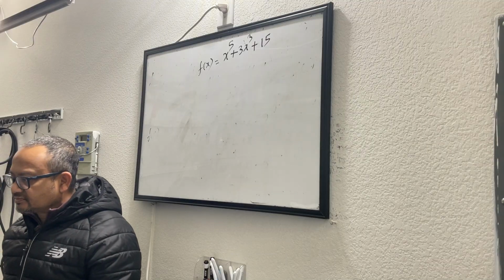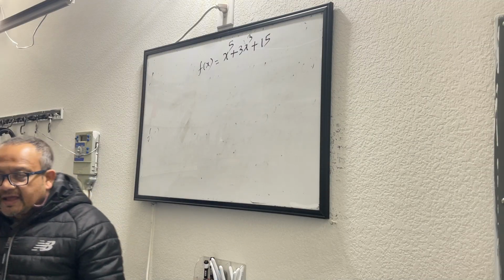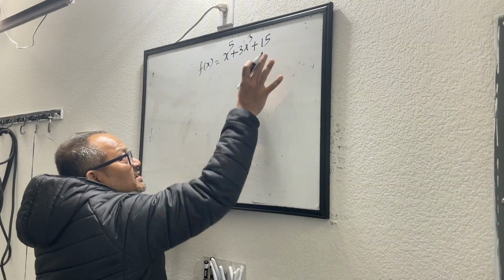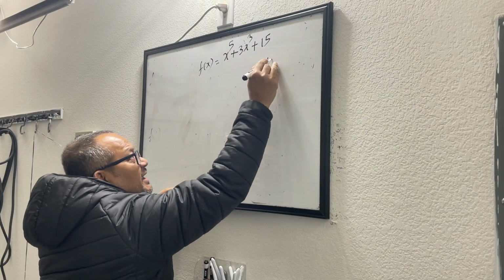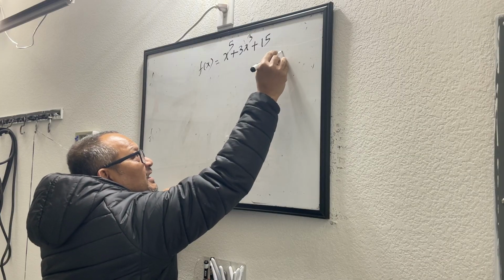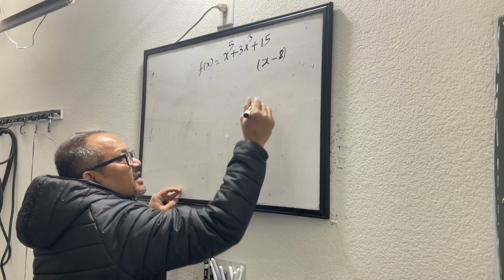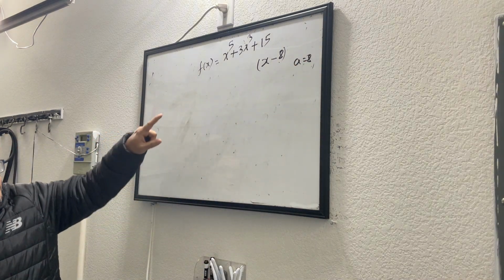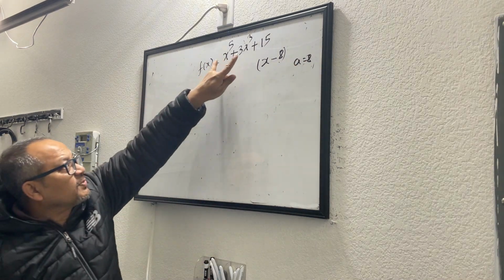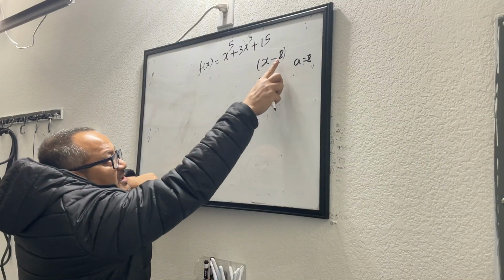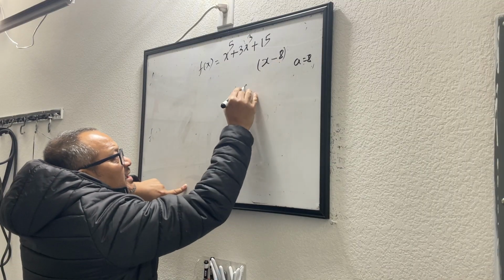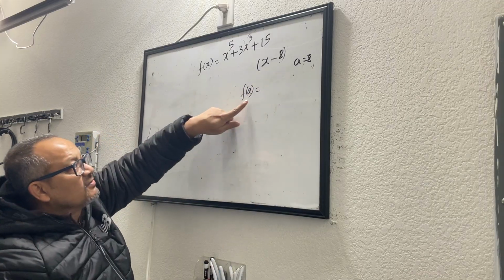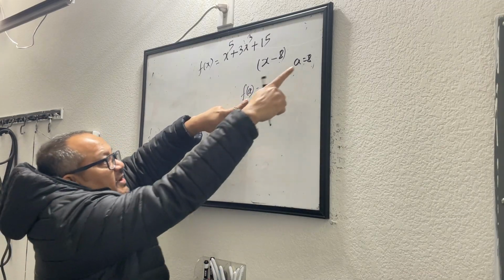The polynomial remainder theorem says that if I divide that by x minus, let's say 8, that means my a is equal to 8, then the remainder would be equal to f of a, or here f of 8.